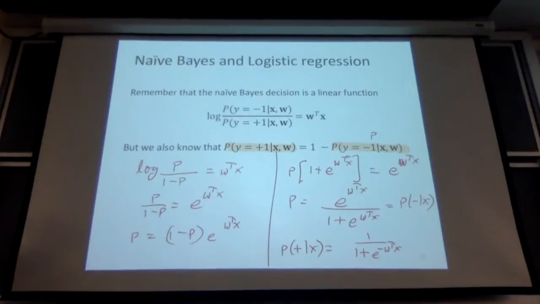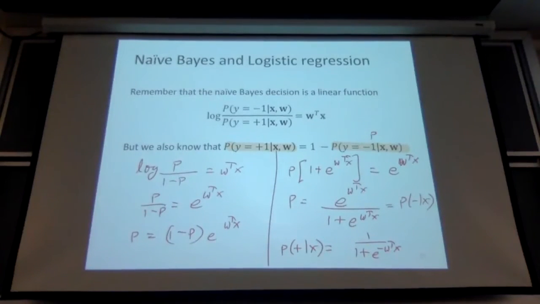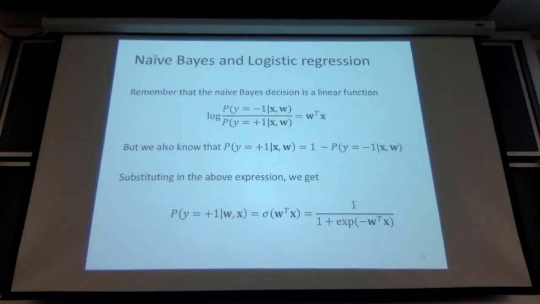So the posterior probabilities that the naive Bayes classifier and the logistic regression classifier explore take the same functional form. In both cases, this is the posterior probability with the appropriate choice of the w's. It just so happens that the naive Bayes classifier gets to the same posterior in a different way, and logistic regression directly gets to this posterior distribution.